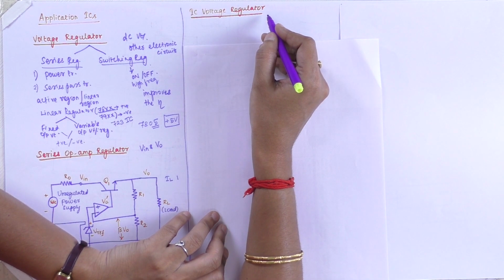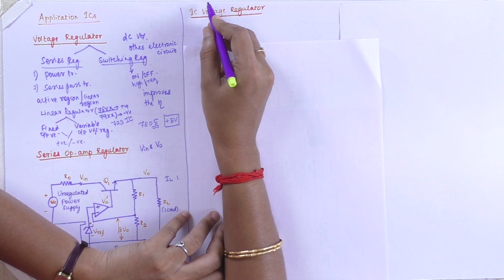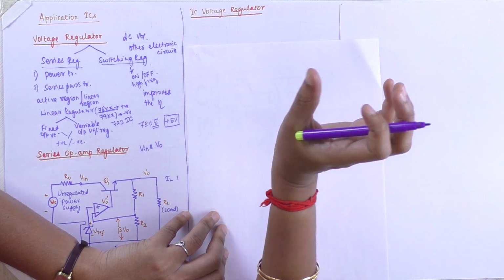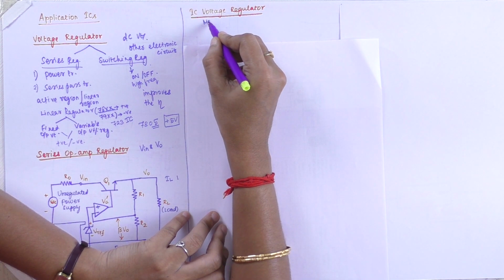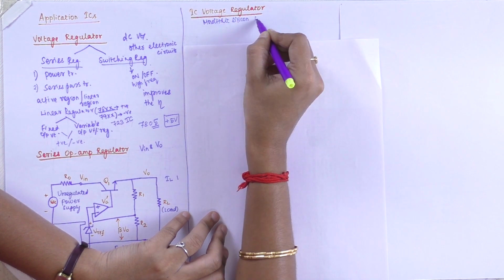We generally know the definition of IC: we are integrating the resistors, not the inductors, but the capacitors, transistors and diodes, into the IC. So in the IC voltage regulator, a complete circuit is incorporated in a single monolithic silicon chip.